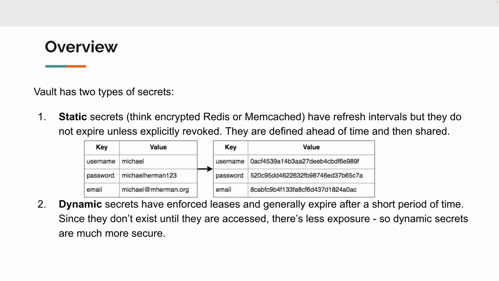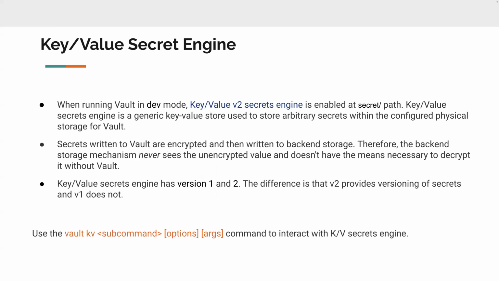Now, if it has expired, you won't be able to access it. So that is a thing which we need to consider while deciding the classification, or what's the type of secret we're gonna use while storing it. So yeah, that was static and the dynamic thing.